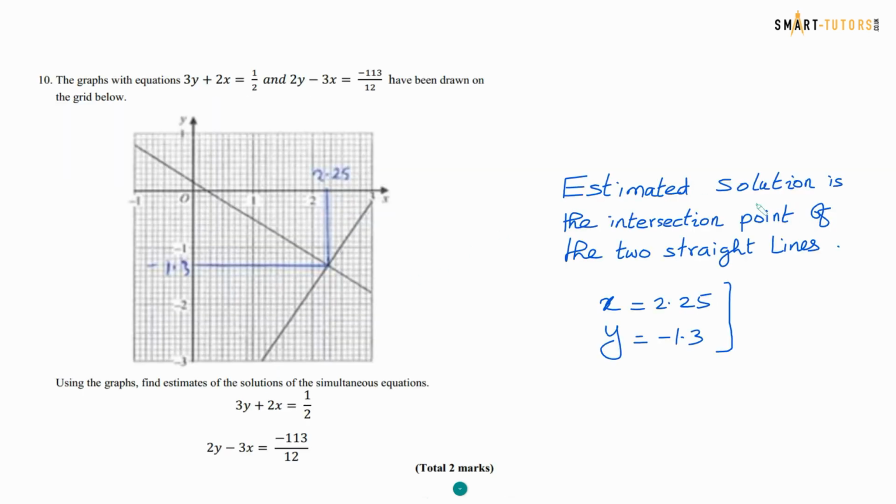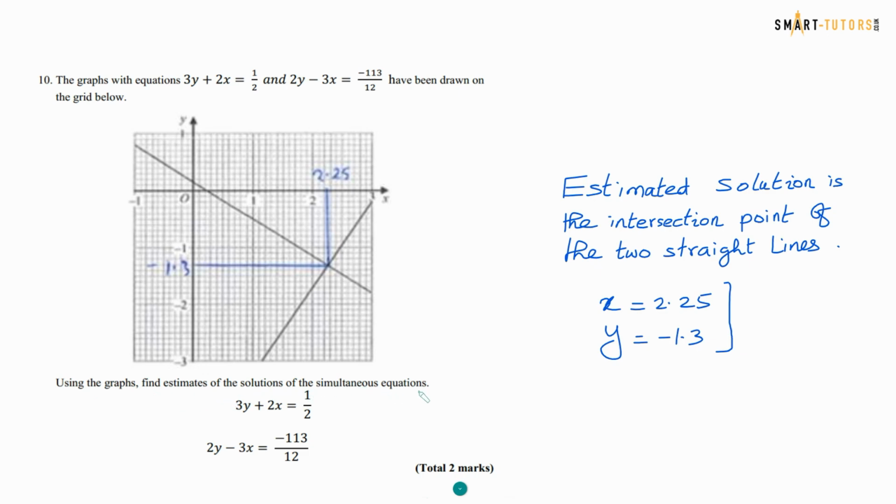Question number 10. The graphs with equations 3y plus 2x equals a half and 2y minus 3x equals minus 113 over 12 have been drawn on the grid. If you have the graphs already drawn, the intersection point of the graphs is the solution for the simultaneous equations. So using the graph, find an estimate of the solution.